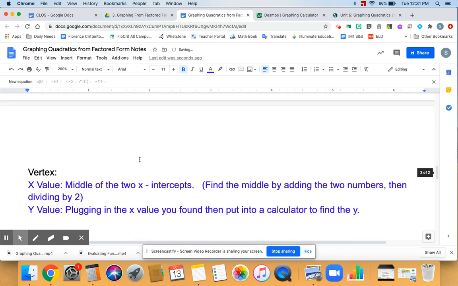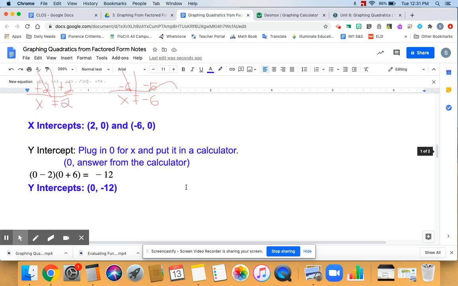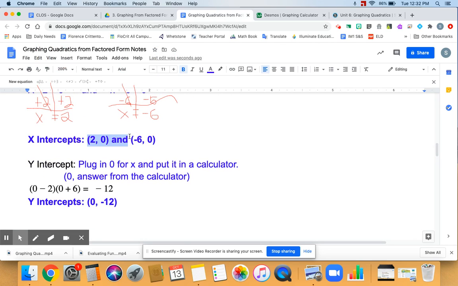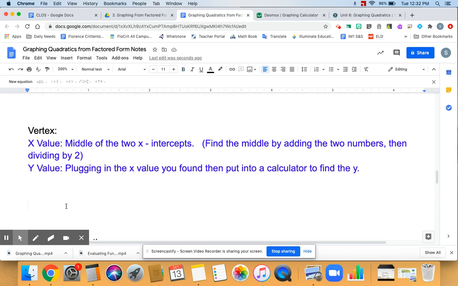So to get my vertex, I need to find my x by the middle of my two x-intercepts. My two x-intercepts are at 2 and negative 6. If I go from 2 to negative 6, I have 2, then I have to go down to 1, then 0, then negative 1, negative 2, negative 3, negative 4, negative 5.